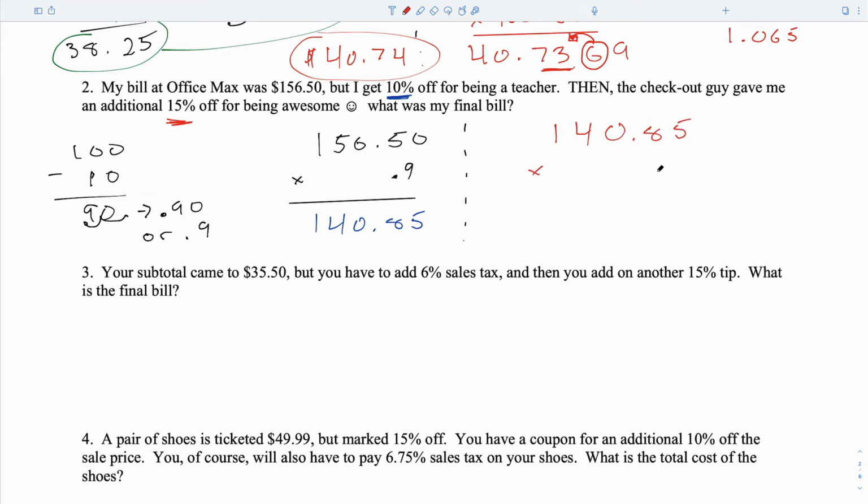Great. Blake, help me get this markdown percentage to a decimal. 100 minus what? Okay. What do you get? Help me make a decimal.